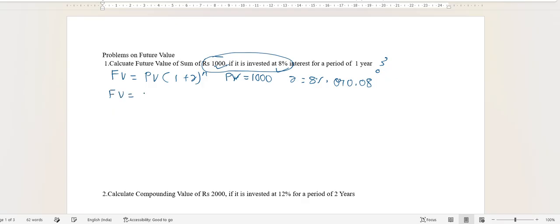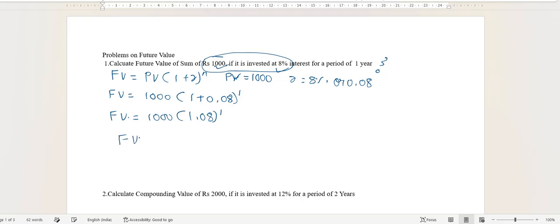So we will just substitute now. Future value is equal to present value, 1000, 1 plus what is the rate of interest? 0.08, to the power of what is n? 1. n stands for number of years. So therefore future value equals 1000 into 1.08 to the power of 1.